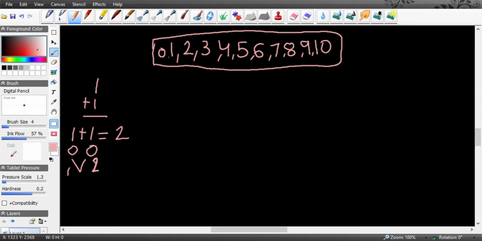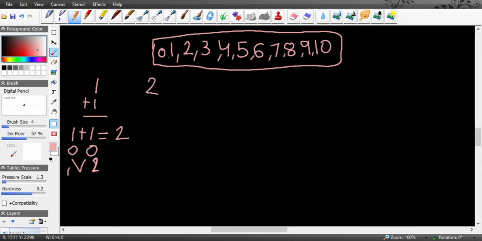Okay, so the answer is going to be 2. Think of a real life example: one eraser and another eraser. You add them together and then how much will you have? 2 erasers. But circles are the best way to do them, even in your head. So let's get on to the next question.